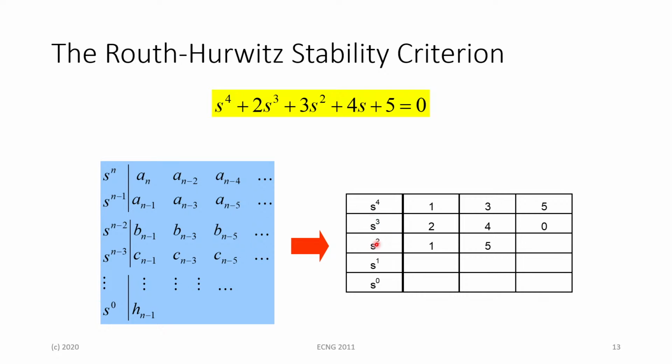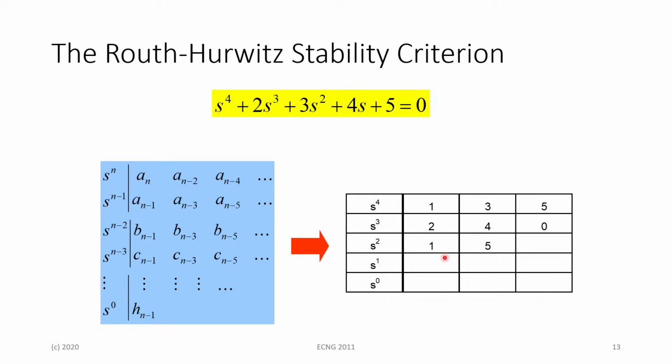We keep on going down in powers of S, filling in these values as we go about doing our Routh-Hurwitz calculations. So we keep on going down until we hit our S to the 0 row, and then we stop, and then we determine if our system is stable or not by watching a few observations with regards to this table, which we're going to see in the next few slides. But for now, we're going to be focusing on how we go about doing our Routh-Hurwitz calculations.